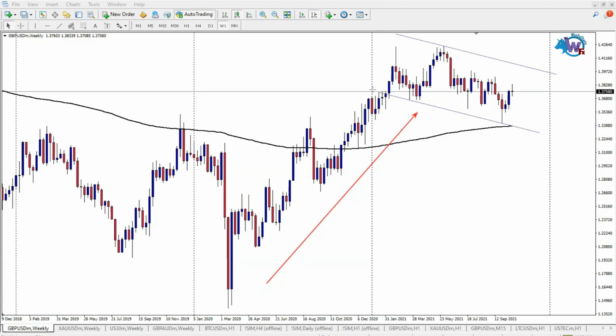Currently price is just taking some corrective move just to keep pushing higher.